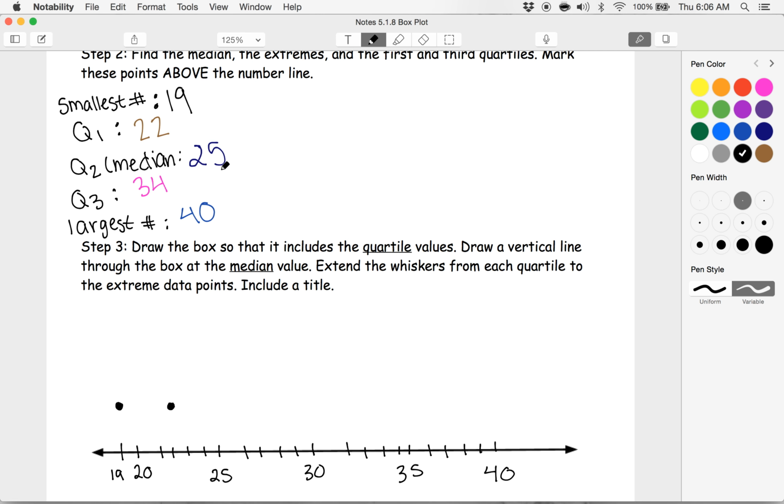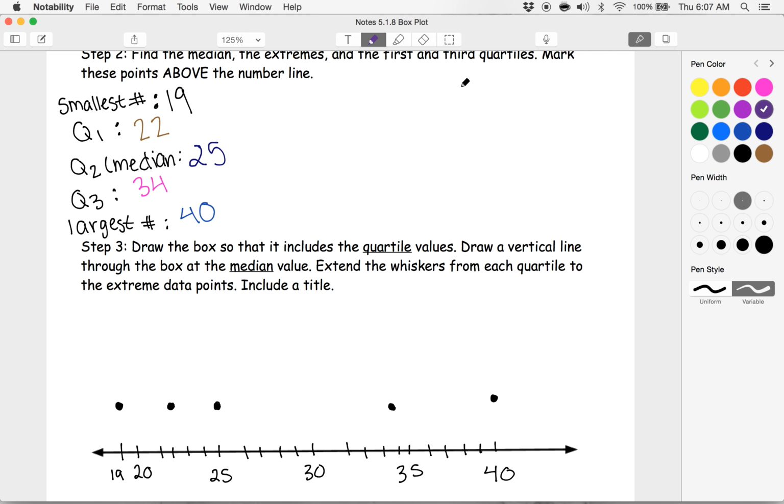Next is my median, which is 25, so above that I'm going to put a dot. Quartile 3 is 34, so above that, here's 35, so this has to be 34. I'm going to put a dot. And then my last is 40, so I'm going to put a dot.